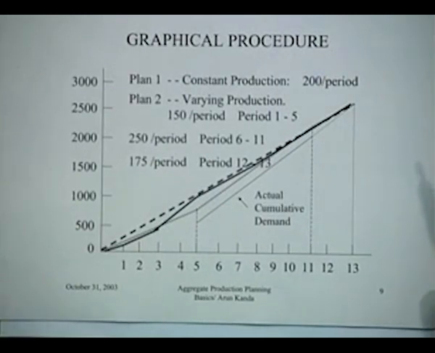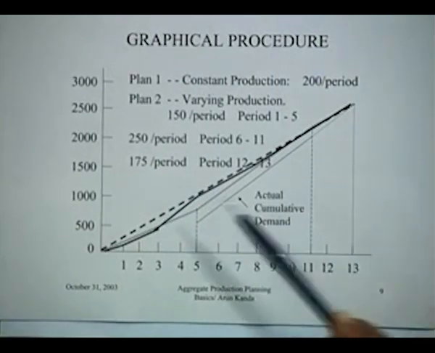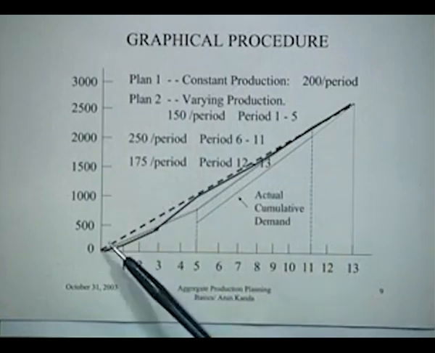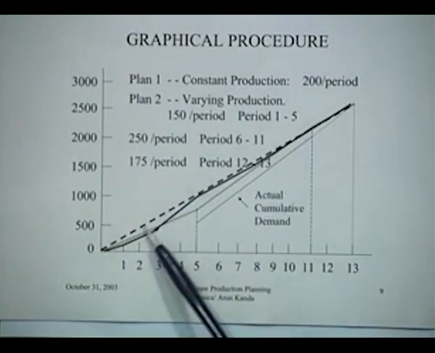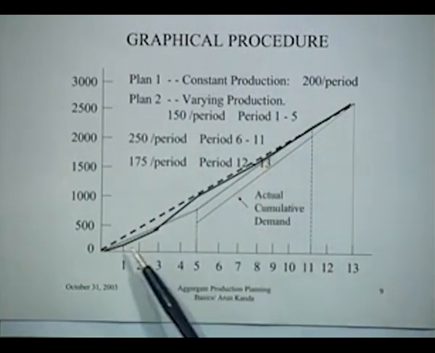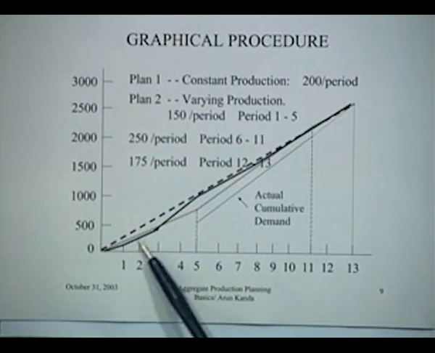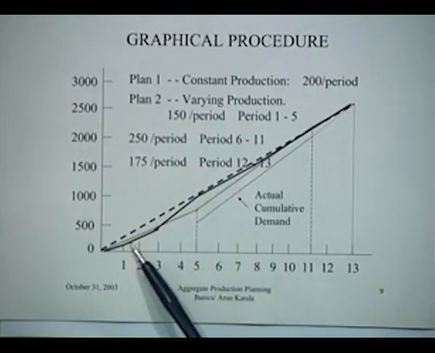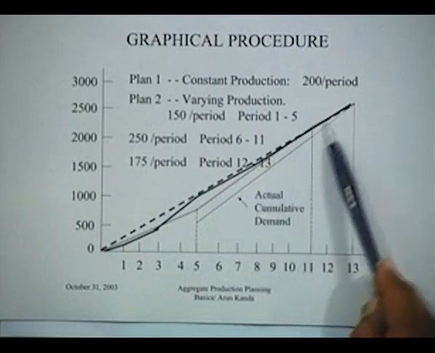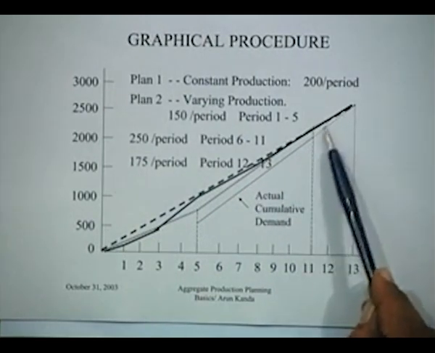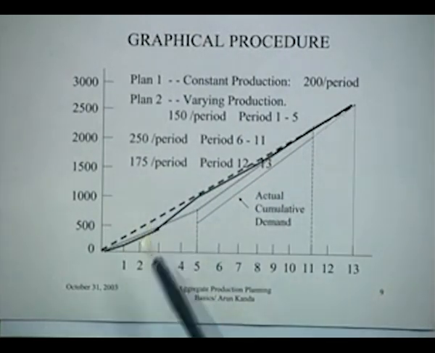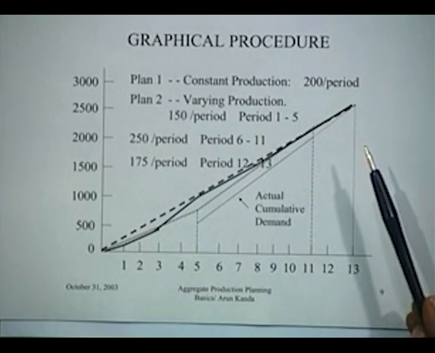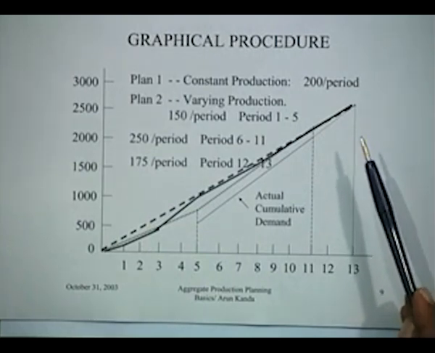Do you notice something about this plan 1, that is constant production? If you plan at a constant production rate, you compare the actual demand forecast with this line, you find that the actual demand forecast for most of the time except somewhere here is below this line. What does it show?